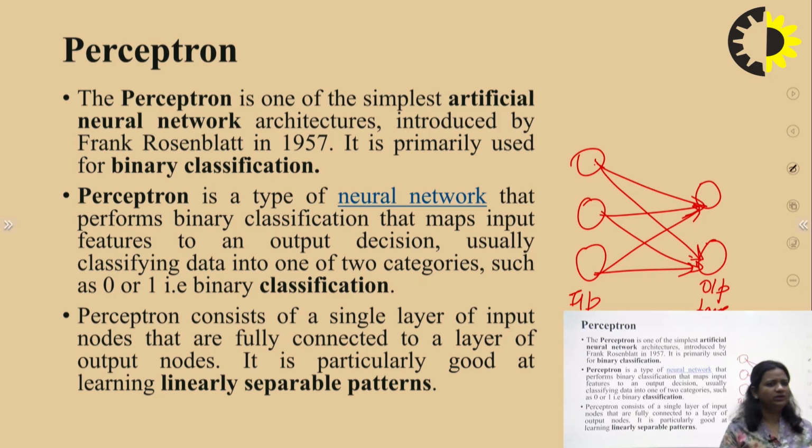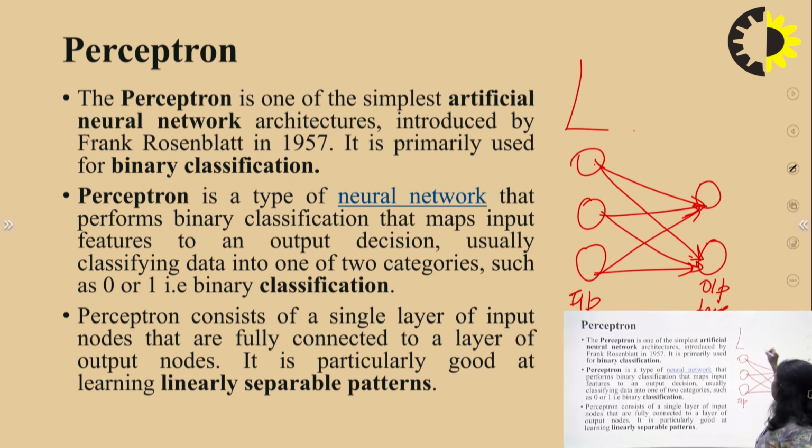It is particularly good for learning linearly separable data. Single layer perceptron is basically used for linearly separable patterns, like if we want to separate our data into two classes and we can easily separate that data linearly.